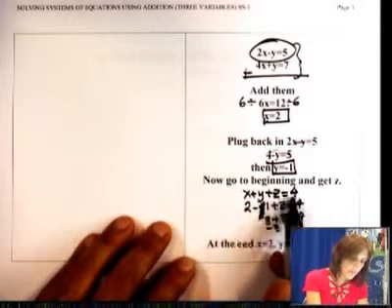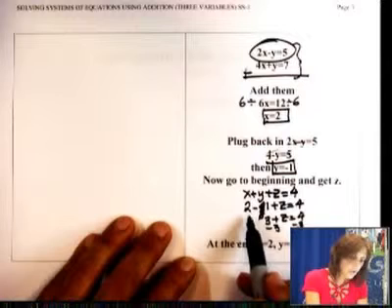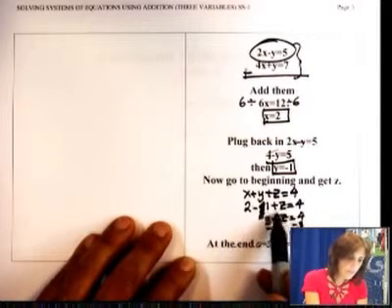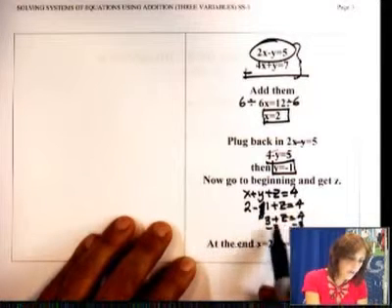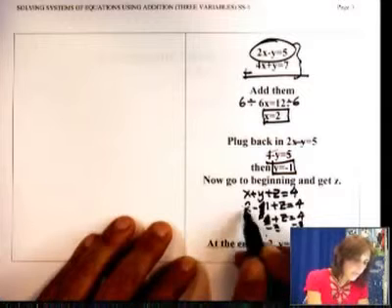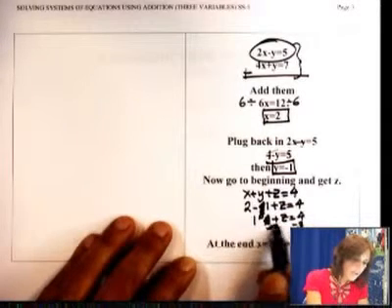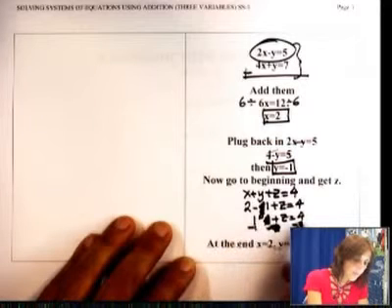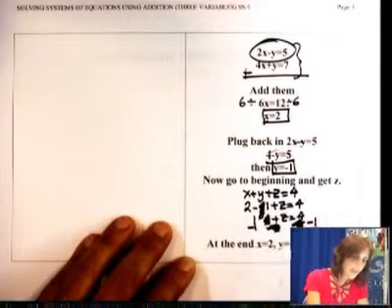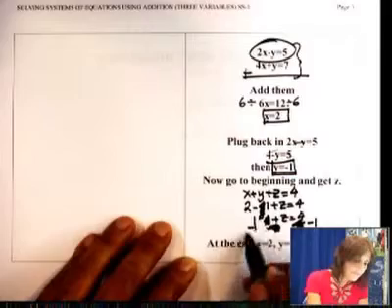X plus y plus z equals 4. 2 minus 1 plus z equals 4. Oh, here it is. That's what I did. 2 minus 1, that's 1, plus z equals 4. And you subtract 1 from both sides. Sorry about that. Then I will get, let me do it here.